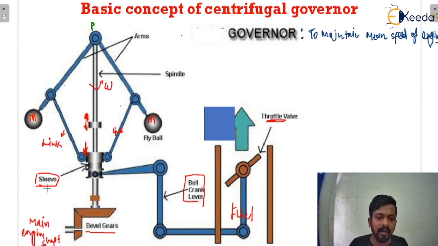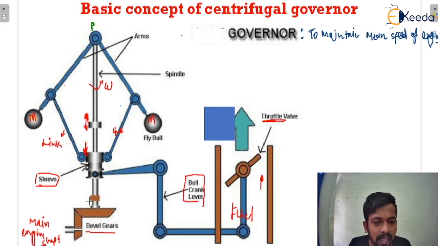As the sleeve moves downward, the throttle valve starts opening, and there will be a fuel supply. The more the throttle valve opens, the more fuel will be supplied.